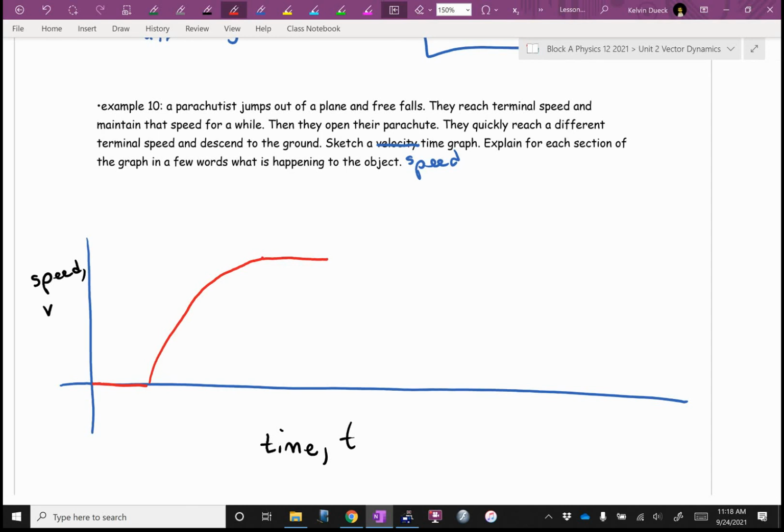No. So I'll have a new terminal velocity, let's say right about there. But how would I connect these? I think right when I pull my parachute, air resistance is the largest. Is that okay? So the speed is going to decrease the fastest. I think it's going to look something like this. And then I'll achieve a new terminal velocity.